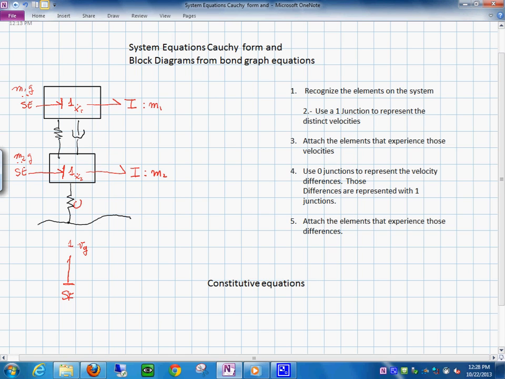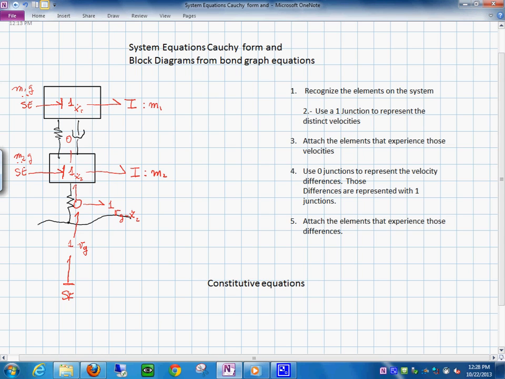The other velocity difference that I have is this one over here, which is the velocity x sub 2 dot minus x sub 1 dot, like that. Alright, so that's my step number 4.